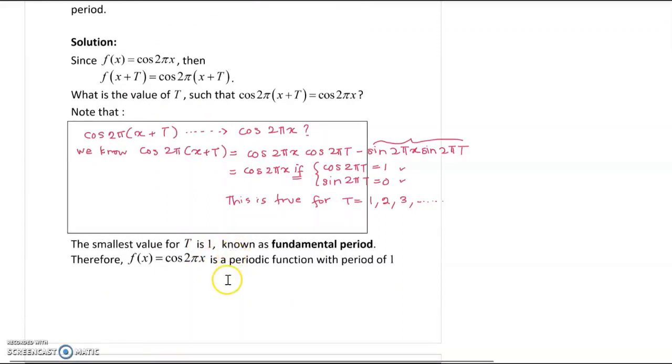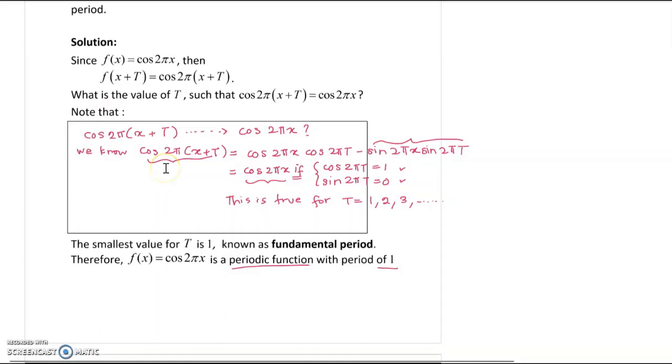So therefore, f(x) equals cos 2 pi x is a periodic function, because we can show that you finally get back cos 2 pi x if you satisfy this condition. Once we know that it is a periodic function, we need to be able to identify its period. In this case the fundamental, or smallest, value of t is 1, so that is the period.